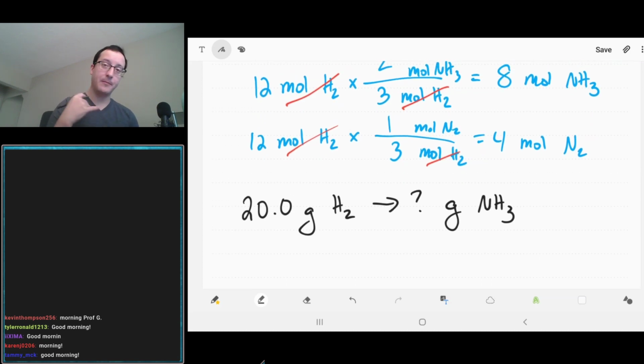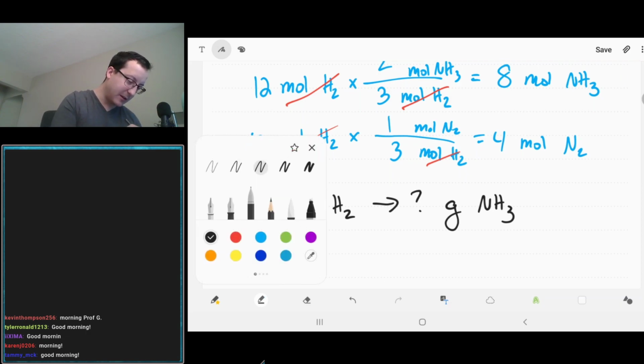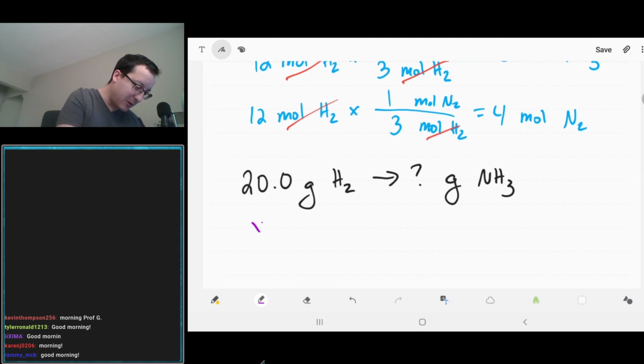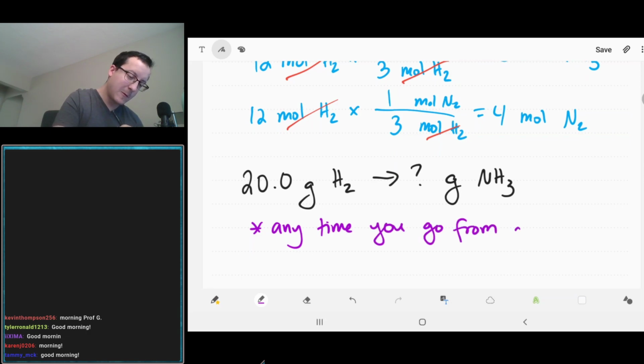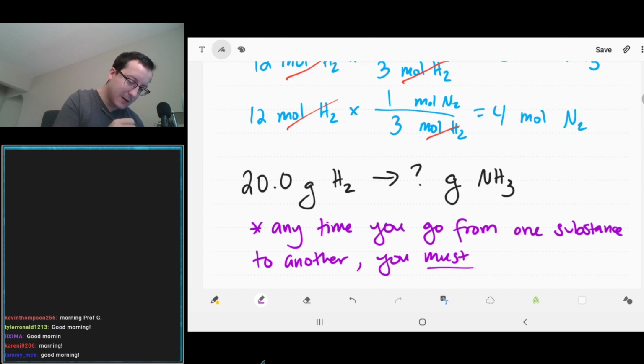And so just one thing to always keep in mind, anytime you're going from one substance to another, you must use the mole ratio that you get from the chemical equation. So let me just put that in fancy purple. Anytime you go from one substance to another, you must use the reaction coefficients.